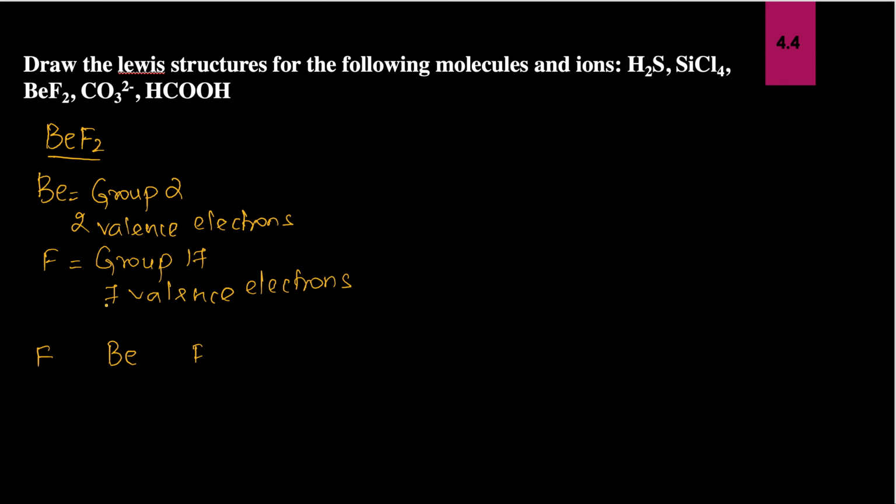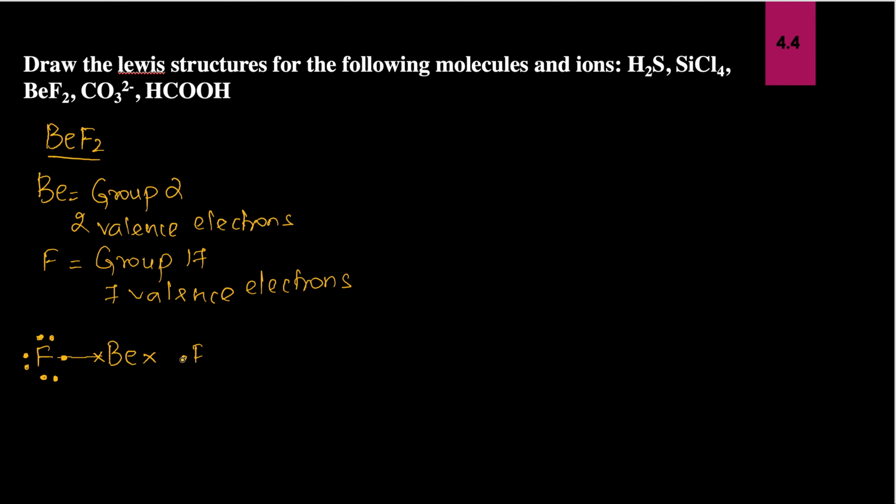And on either side, I will have 2 fluorine atoms as the formula says. So Be should have 2 valence electrons. So I'm just going to put 2 electrons. Now fluorine is going to have 7 each. So 7 is 1 here, 2, 3, 4, 5, 6, and 7. Now this is where the bond is with Be.